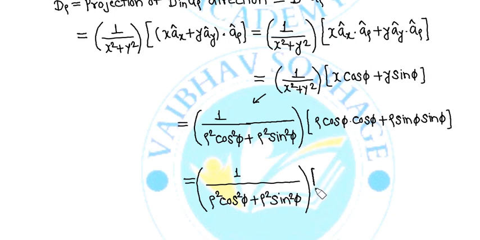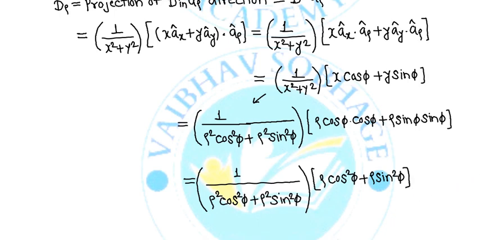And what about the multiplication within that second bracket? That will be simply rho cos phi into cos phi, which will be rho cos square phi, plus rho sin phi into sin phi, which will be rho sin square phi.